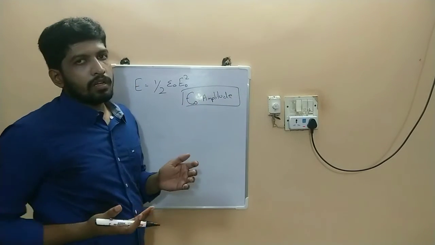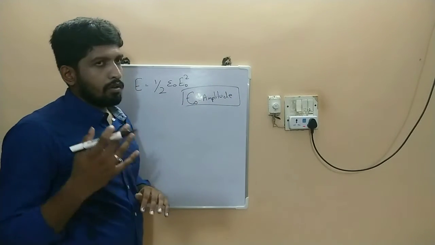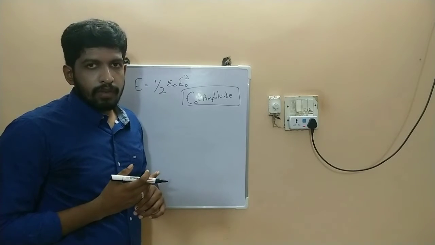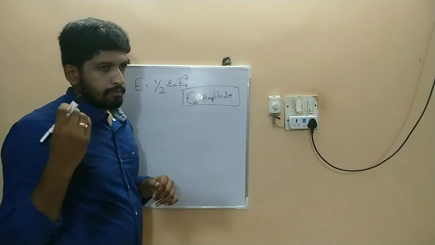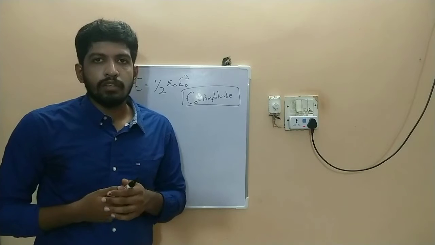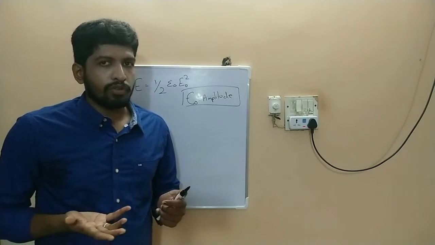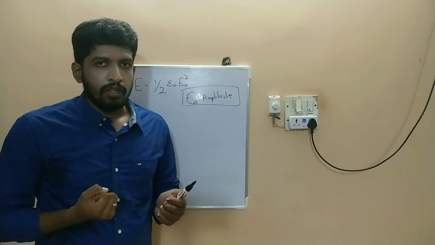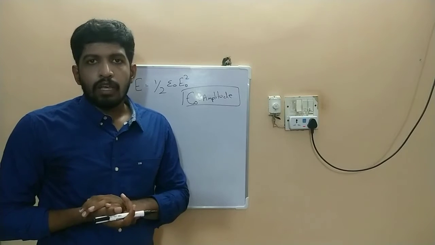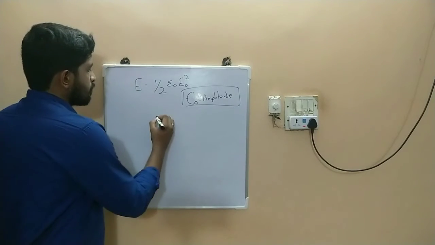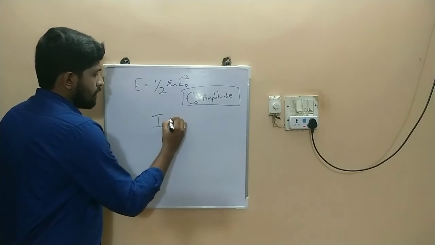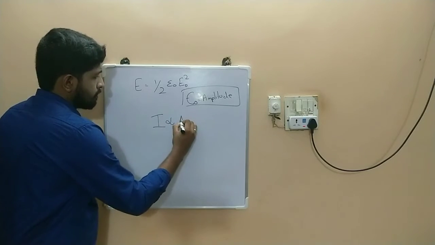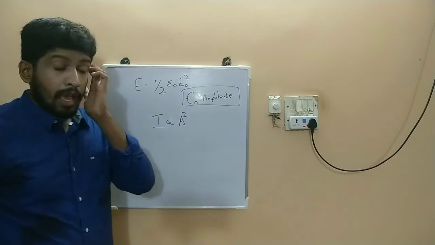According to Huygens wave theory, energy is directly proportional to the amplitude of the wave. Intensity is directly proportional to the amplitude square.